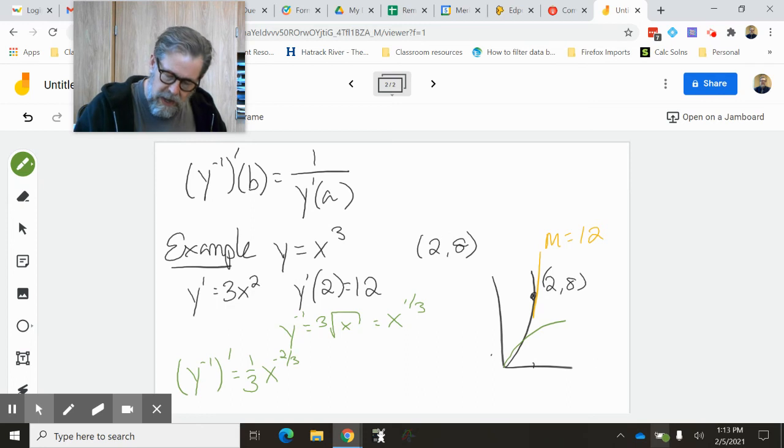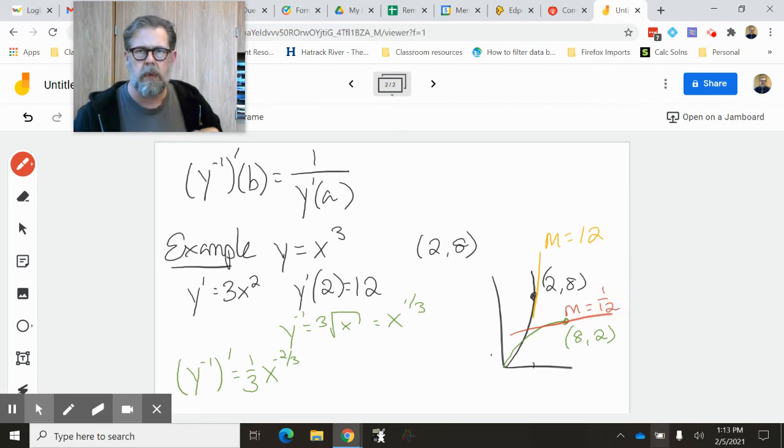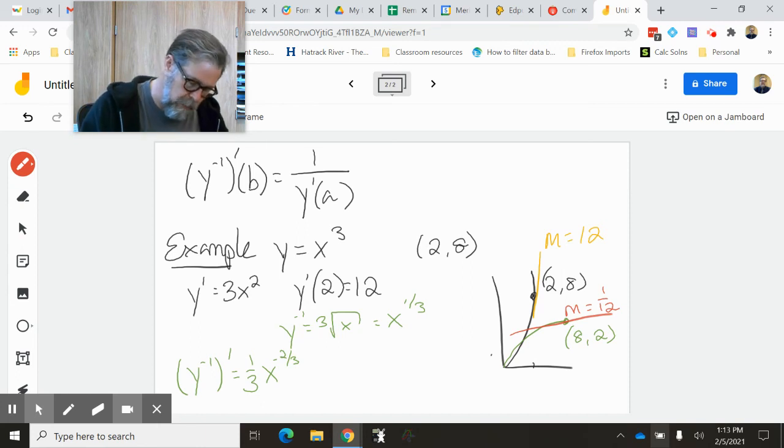So recognizing here that this point is 8 comma 2, the corresponding point, and it has a tangent line, I would expect that slope to be 1/12, according to my idea. So let's see what happens.